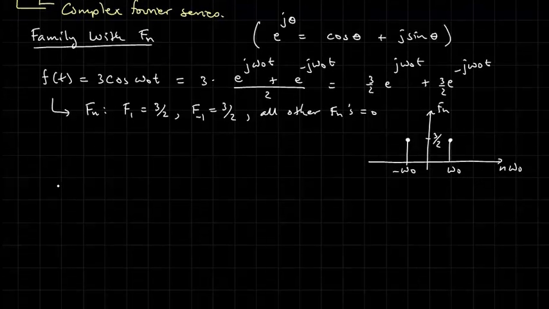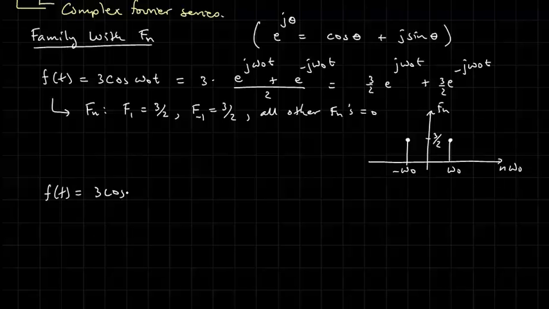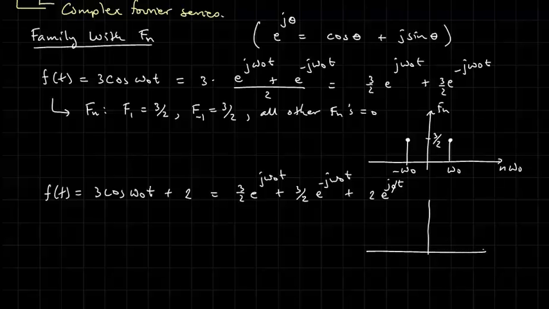Now what if we have a function f of t equal to 3 cosine omega naught t plus 2? Well, there we'll have 3 halves e to the j omega naught t plus 3 halves e to the minus j omega naught t plus 2 e to the j 0 t. So now our spectrum looks like this.